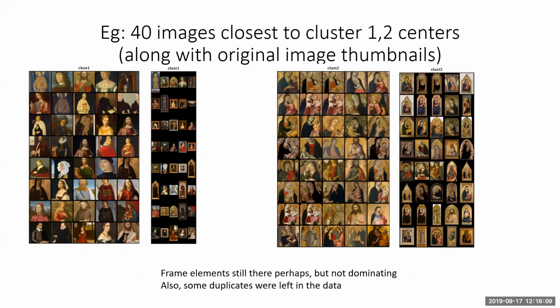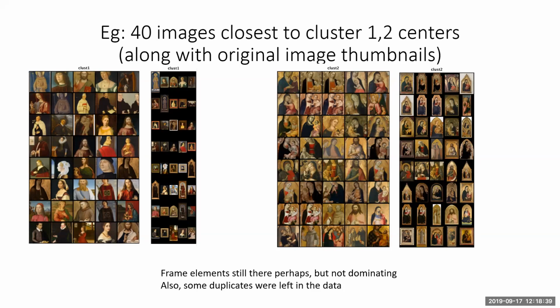Here's an example of what those clusters look like. On the left is one cluster, on the right is another cluster, and I'm showing you the original images, with the frames before any cropping or resizing, as thumbnails. In cluster 1, the original images come in all different shapes and sizes, and in cluster 2, they're more similar in size, but also different shapes.